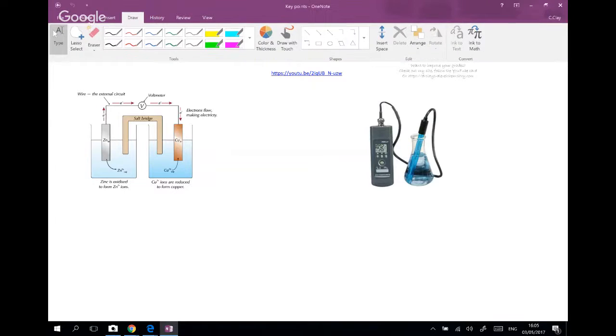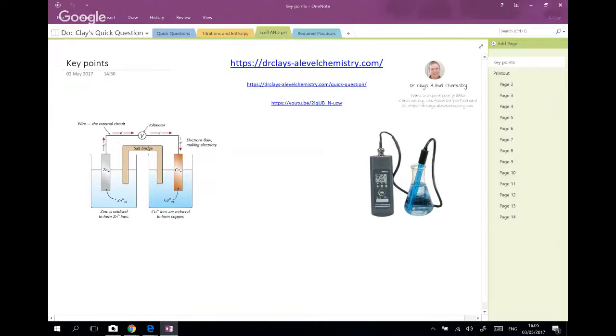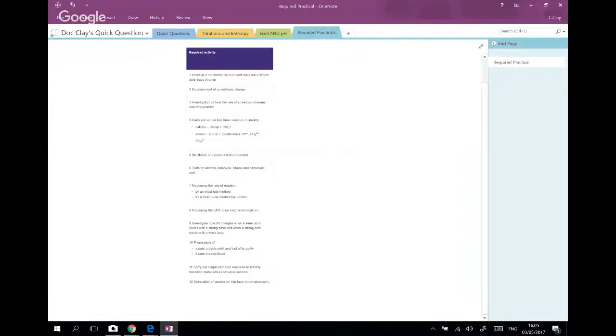So there are 12 required practicals that you need to know about. We're going through these over the coming weeks. Last week, catch up if you missed it, was on enthalpy change and volumetric solutions, as well as titration. This week, we're going to carry on and look at something associated with acid-base pH changes, linked to our titration calculations from last week.